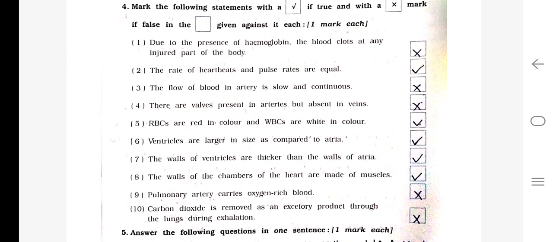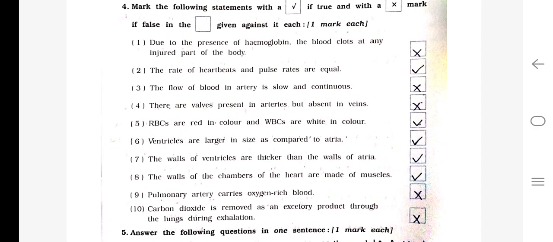Number 5. RBCs are red in color and WBCs are white in color. Right. Number 6. Ventricles are larger in size compared to atria. Right. Number 7. The walls of ventricles are thicker than the walls of atria.